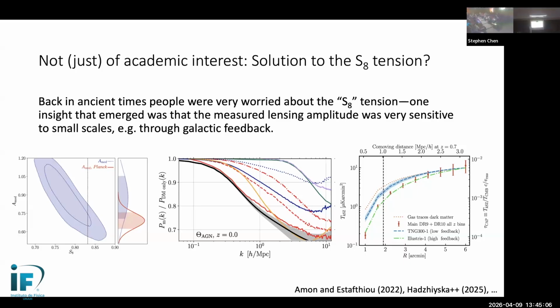There's this paper which used a somewhat strange empirical model, but they showed that if I let the nonlinear clustering amplitude of dark matter vary as a free parameter rather than being fixed by theory, then this parameter is very, very degenerate with the weak lensing amplitude.